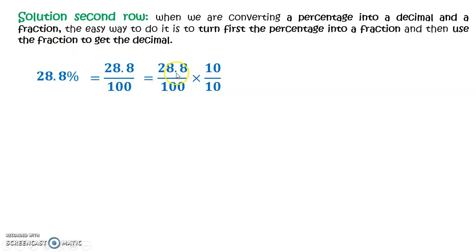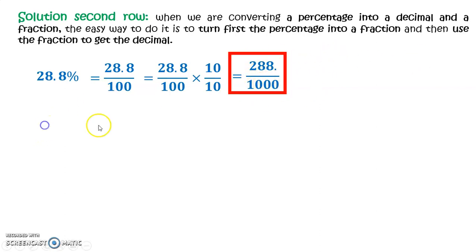This makes the point move to the right one time, and this 100 is going to become 1000. So now we have two integer numbers, one on the top, one on the bottom, so this one is the fraction. But remember that in a test, they're going to ask you to simplify your answer. That is also going to be in the course compass. So what we have to do is take this fraction and simplify it.